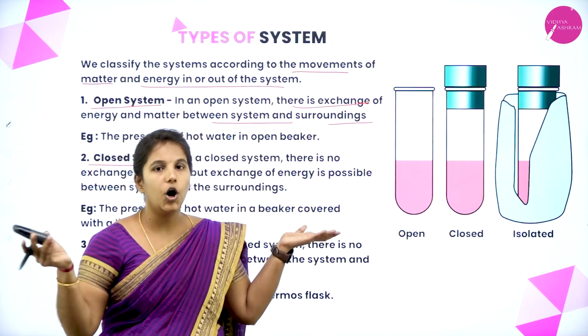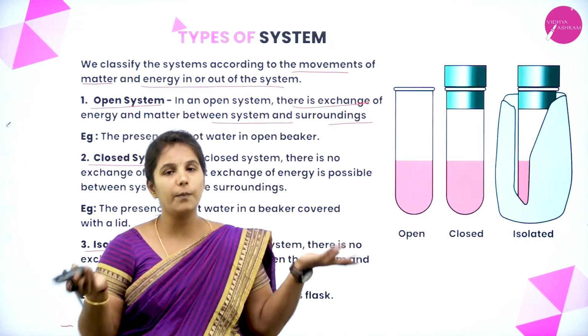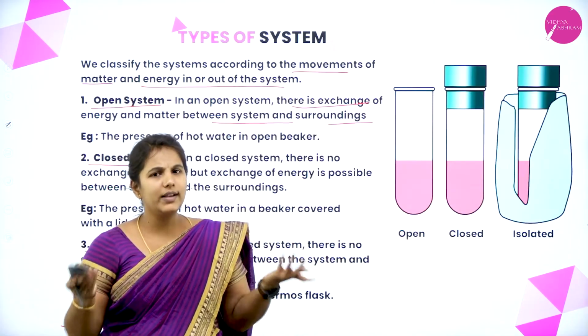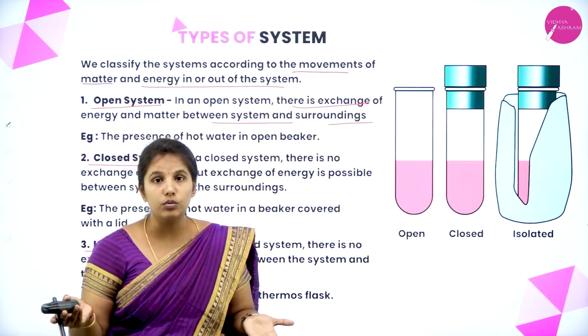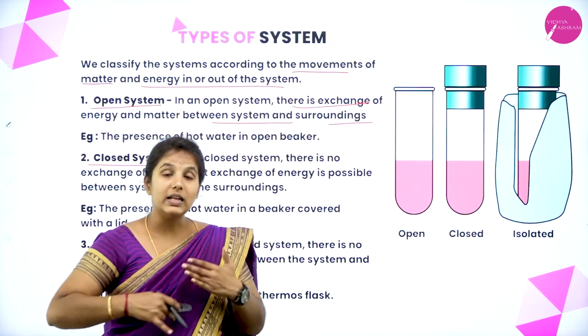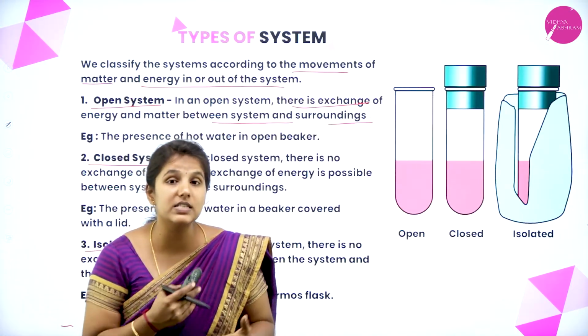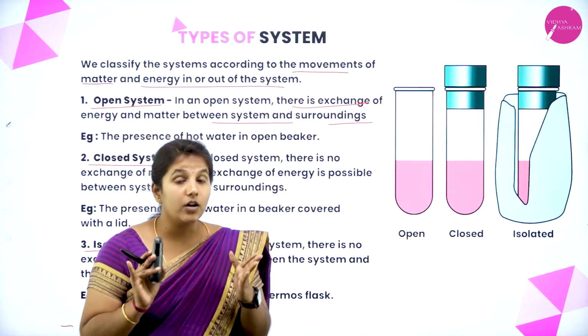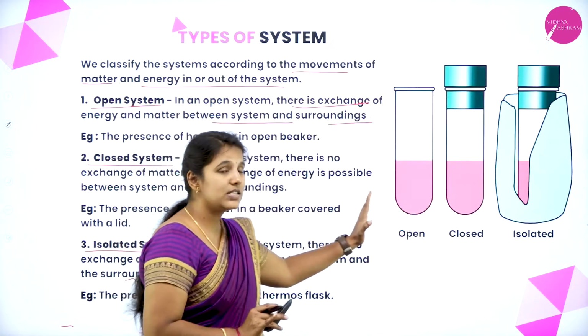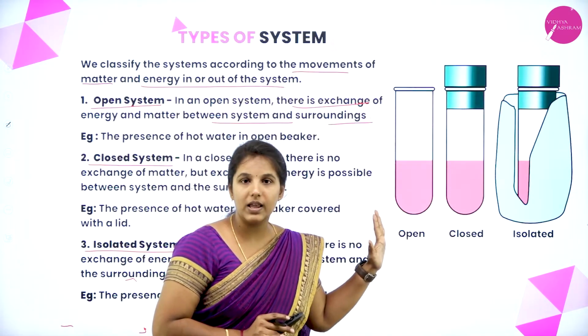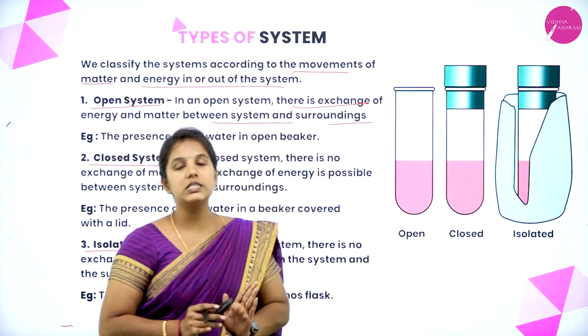We know that hot water can easily get evaporated, thereby after 10 minutes it can cool. Correct, no? So, there is an exchange of energy which is happening, and also an exchange of matter which is taking place.